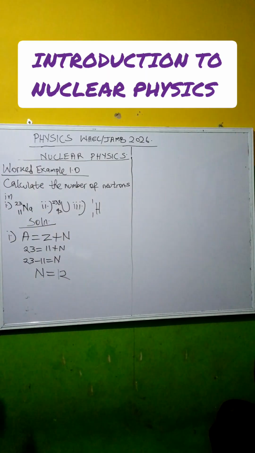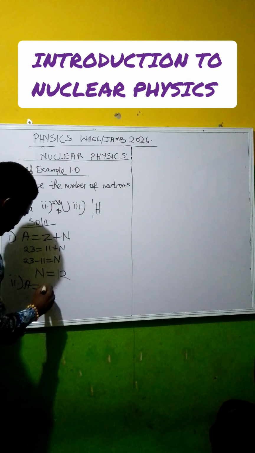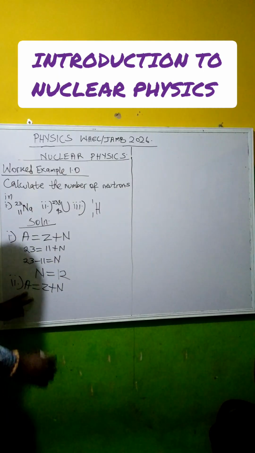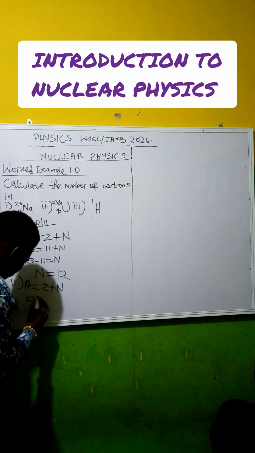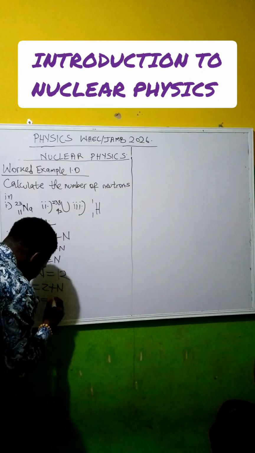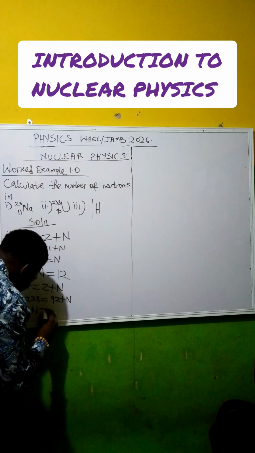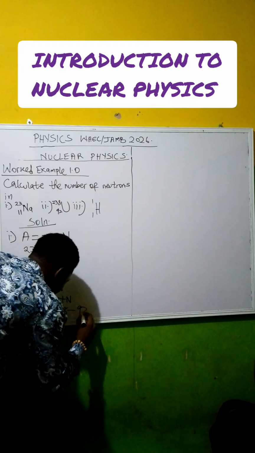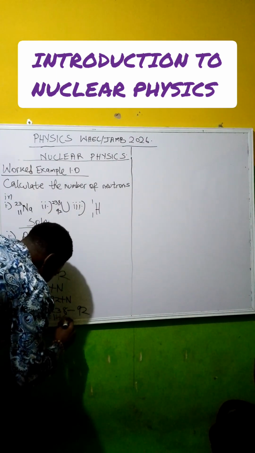12. Now looking at the second question, still using the same formula, A equals Z plus N. We have the mass number for uranium-238 as 238. We have the number of protons as 92, and we are looking for the number of neutrons. So what is our N in this case? Our N is 238 minus 92, which in the end is 146.